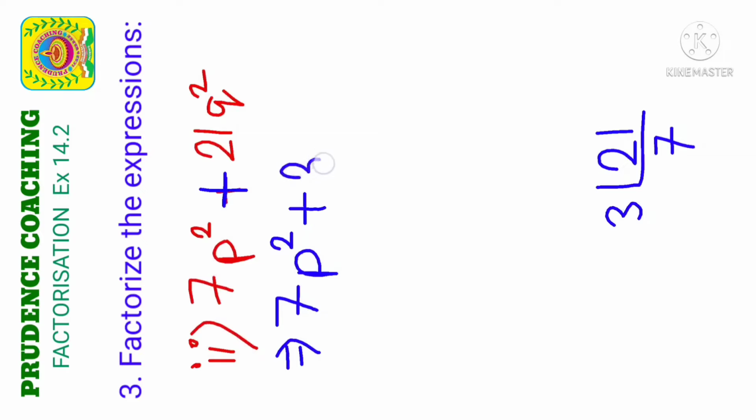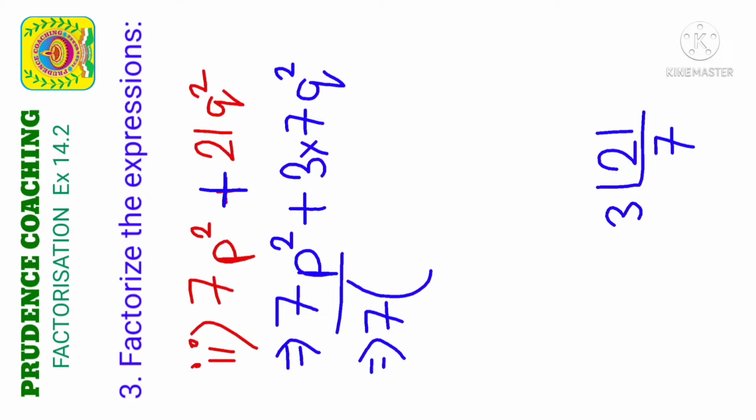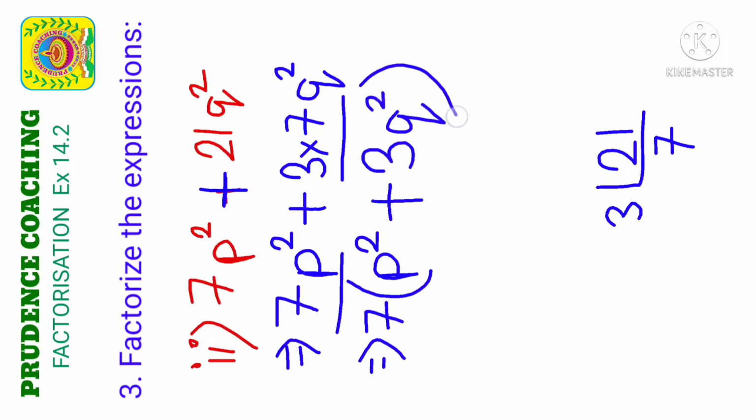So in place of 21 we can write 3 into 7, and we have q square, that we will write as it is. Now in both the terms we can see 7 is common, so take 7 common from both the terms. In the first term, if we take 7 common, we will be left with p square. Plus is the separator, write it as it is. We have taken 7 from the second term as well, so here we are left with 3 into q square. So this is our final answer.